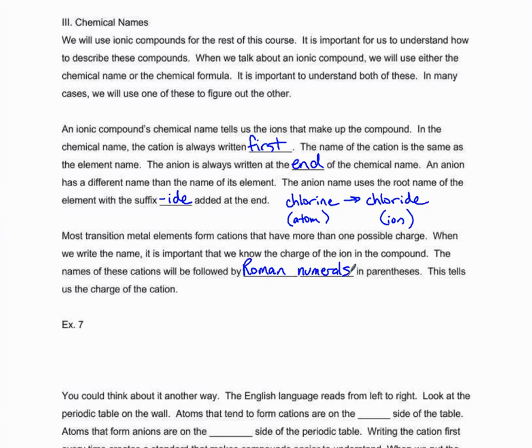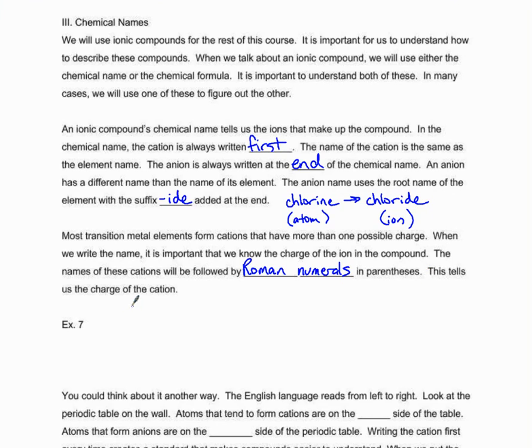And the Roman numerals will be in parentheses after the name of the cation. This tells us the charge. And it's important because if you have an element that can form two different ions, those two ions have different numbers of electrons, and they're going to behave a lot differently.